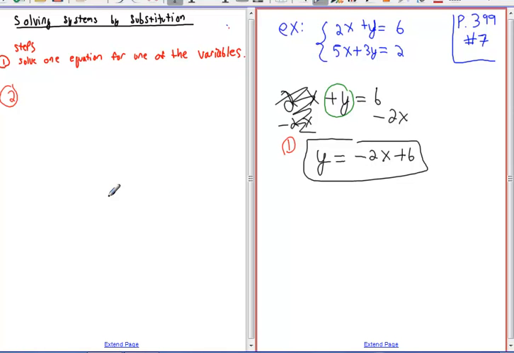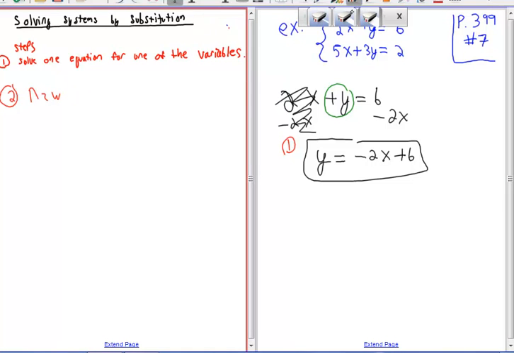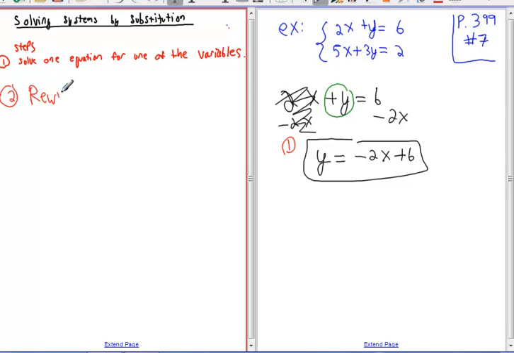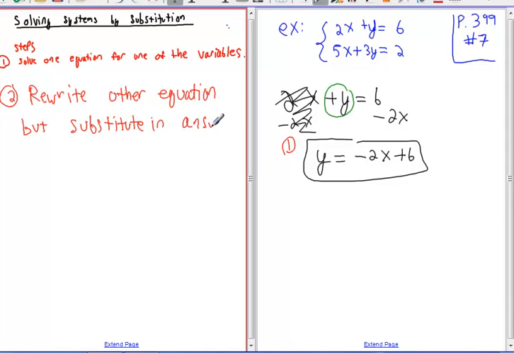So once we do that, we rewrite the other equation, but substitute in the answer from step 1.